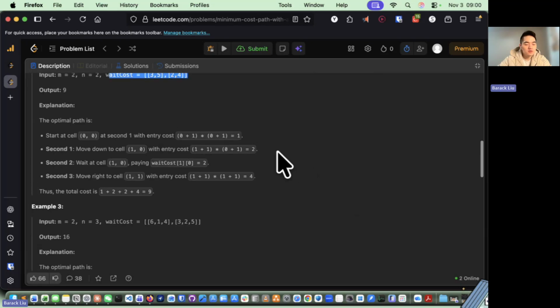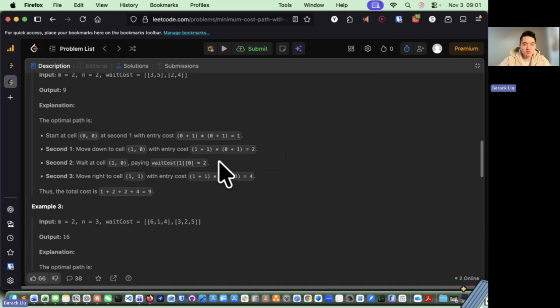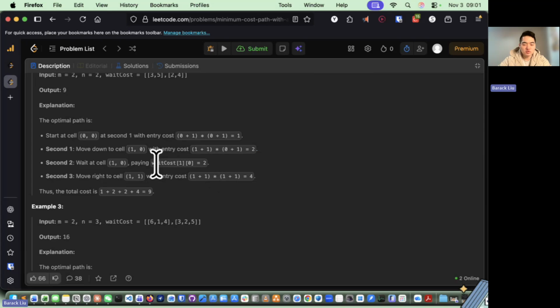Okay. So we start at cell (0, 0). The entry cost is 1. And in second 1, we will move down to cell (1, 0) with entry cost 2. In the next second, we will wait at this cell and pay a cost. waitCost (1, 0) is 2.